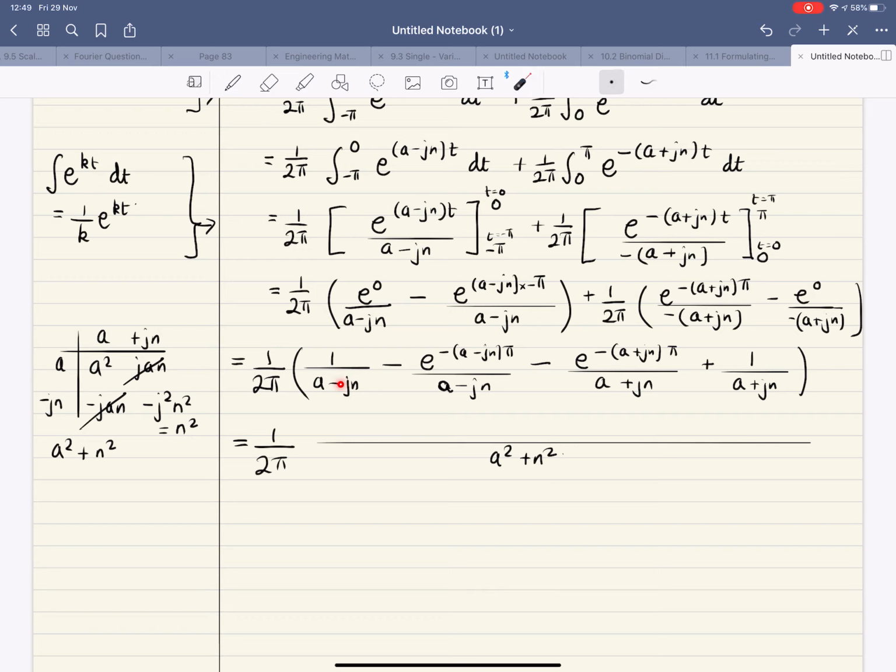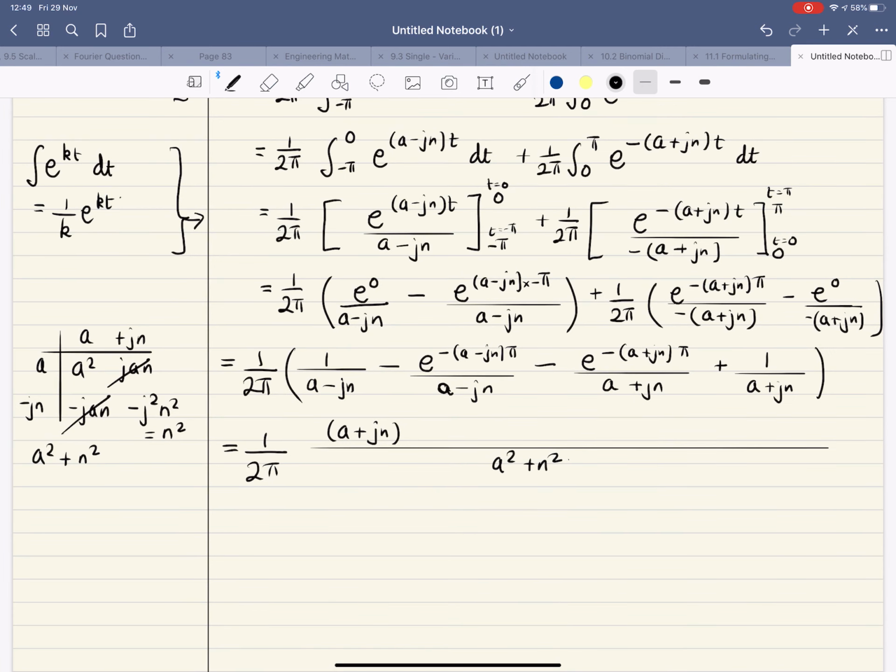Okay, so this here, this has been multiplied by a plus jn. So we need an a plus jn there. And the next one, it's minus a plus jn, because this one has been multiplied by a plus jn to get this. So we've got to multiply the top by the same. So that's e to the minus a minus jn pi. Next one, this here has been multiplied by a minus jn, look there.